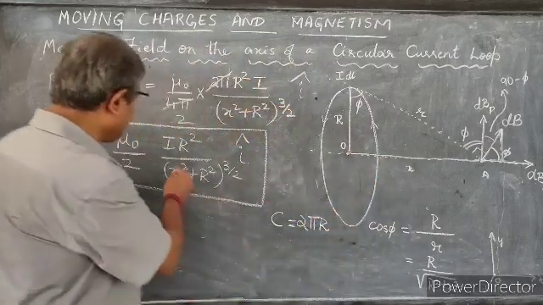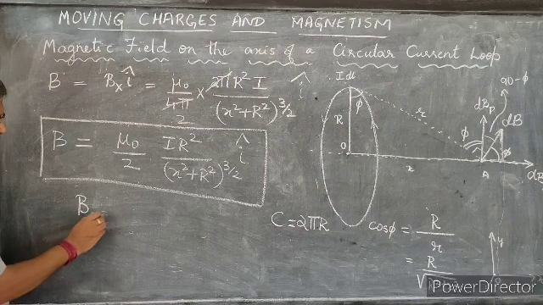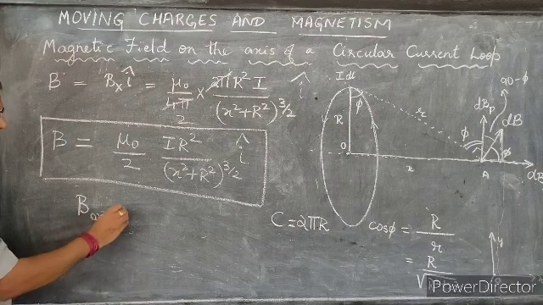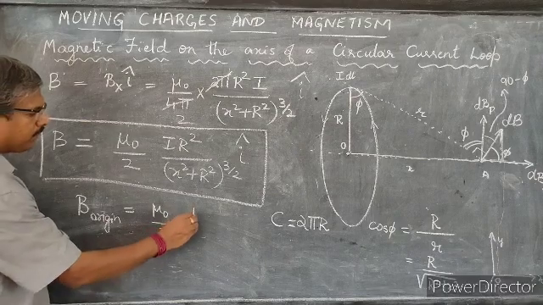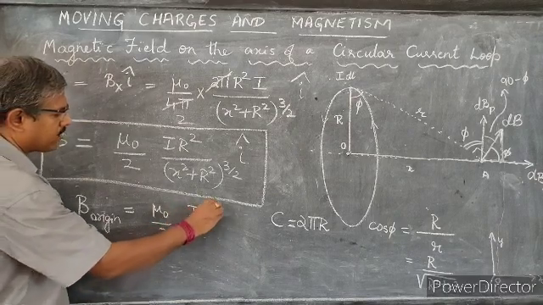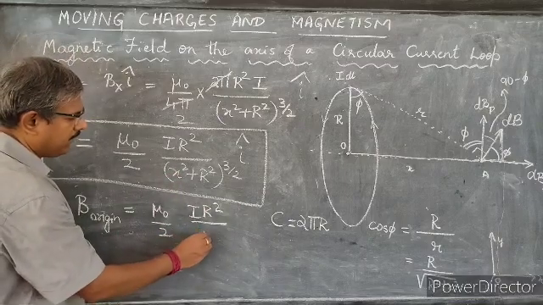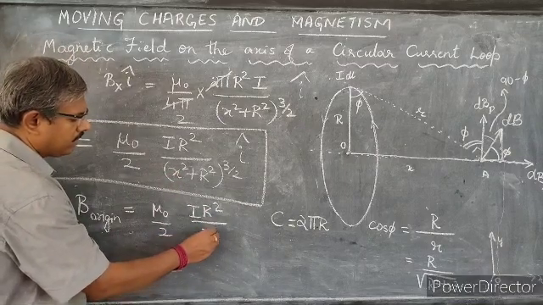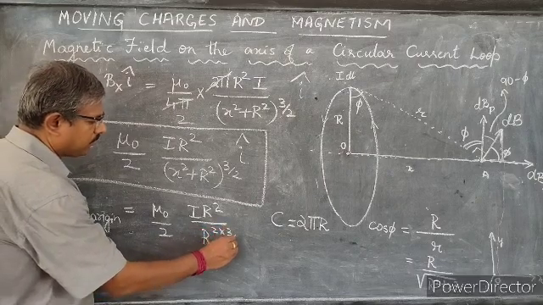So if I put x equals 0, B origin will be given by mu naught by 2 I R square by, x becomes 0, I am left with R to the power 2 into 3 by 2.